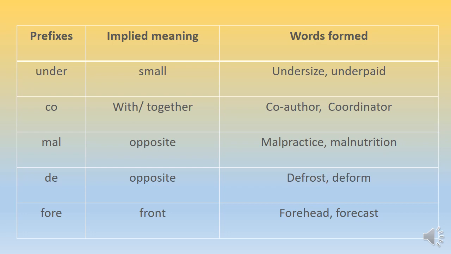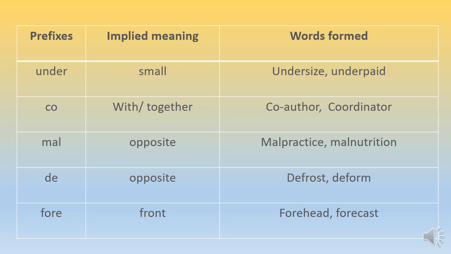We have another prefix under, which implies small, and the words formed with the prefix under are undersize, underpaid, etc. Prefix co means with or together, and the words can be co-author, coordinator, etc. We have another syllable mal, that means opposite, and the words that can be formed with the prefix mal are malpractice, malnutrition, etc.